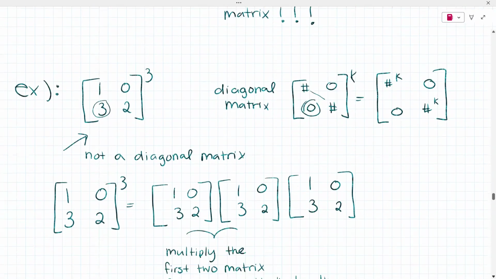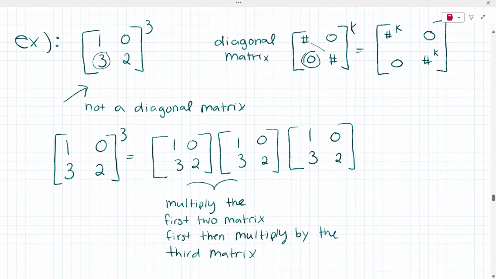So yeah, unfortunately, for example, this one is not a diagonal matrix, so you just got to multiply it out. So this matrix, 2 by 2, 1, 3, 0, 2, is basically multiplying itself 3 times. So what I would do is multiply these two out, and whatever that matrix is, multiply it by the third matrix.